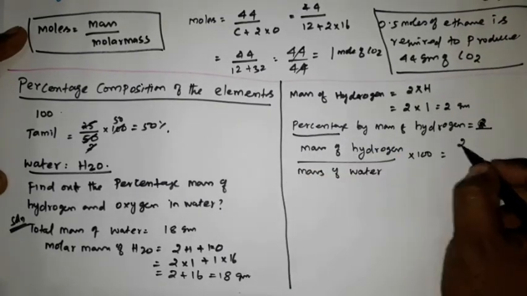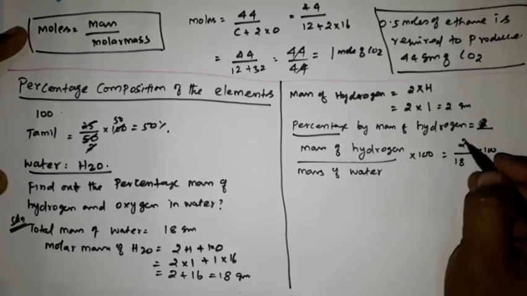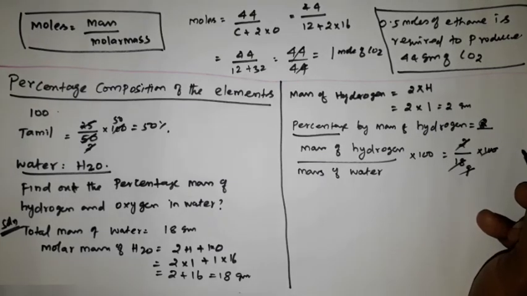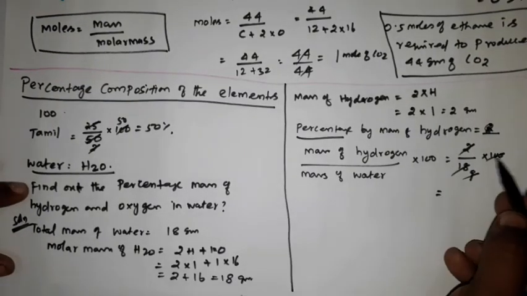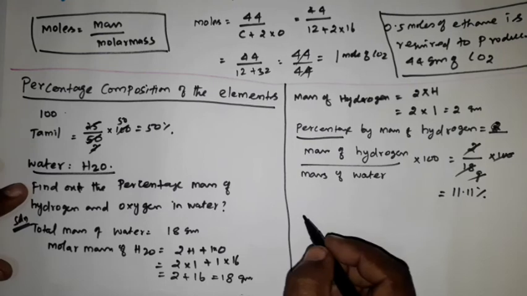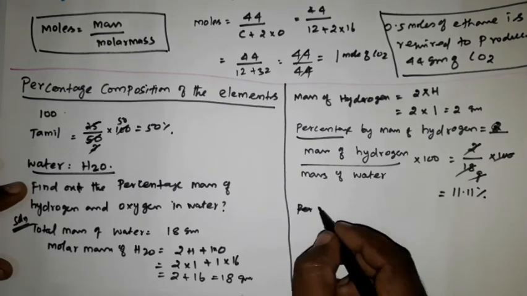So 2 divided by 18 into 100. Cancel 9. So that answer is 11.11 percentage.